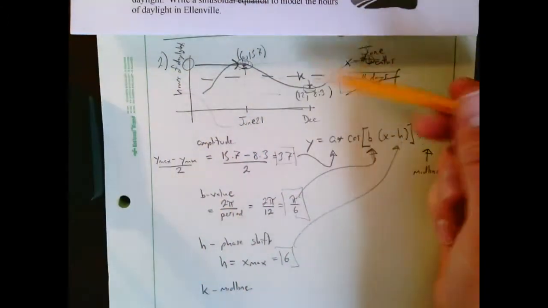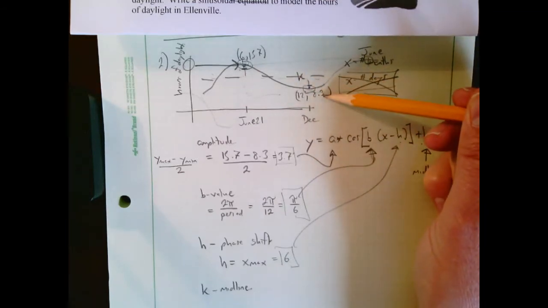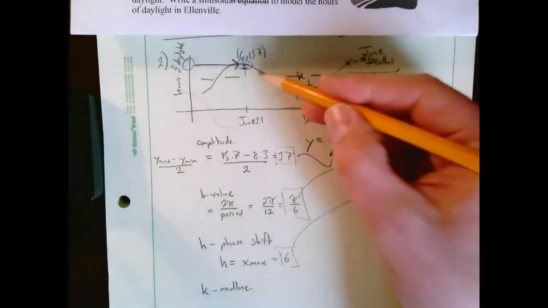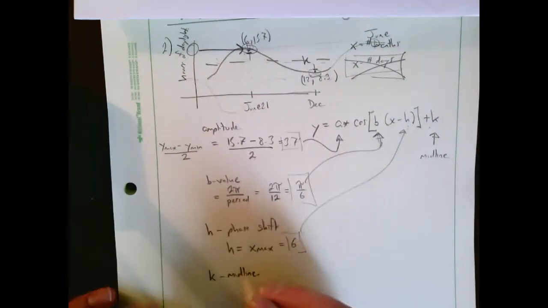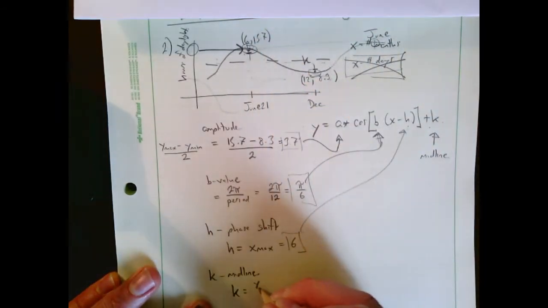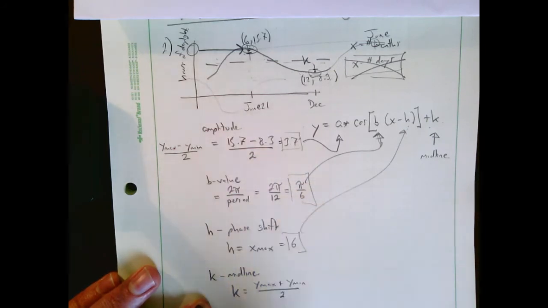Well, to figure that out, it's just going to be halfway between 15.7 and 8.3. There are all sorts of ways to figure that out. I mean, you figured out amplitude. You could add that to your 8.3. You could subtract it from your 15.7. For me, I simply prefer to take my y max, my y min, and I just add them together. And I divide it by 2.